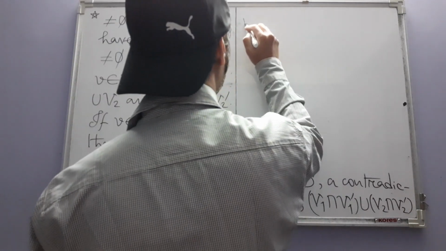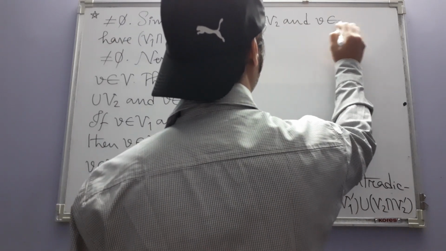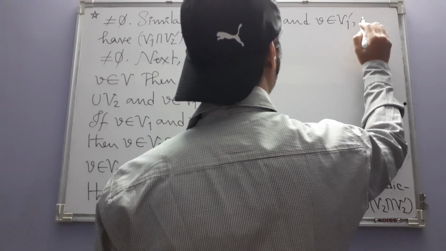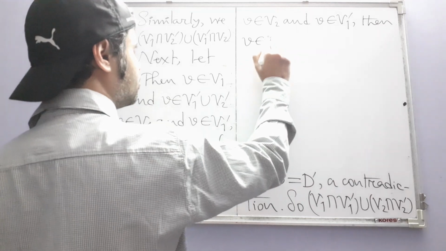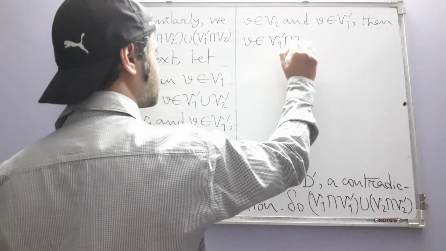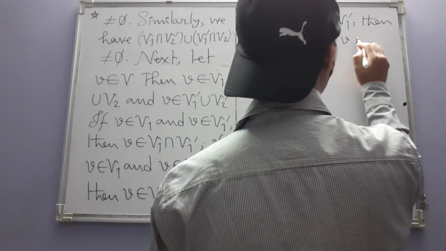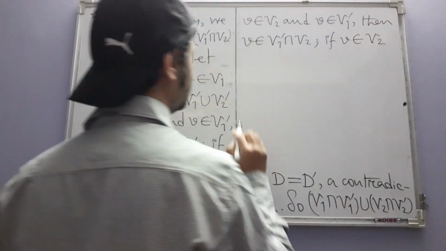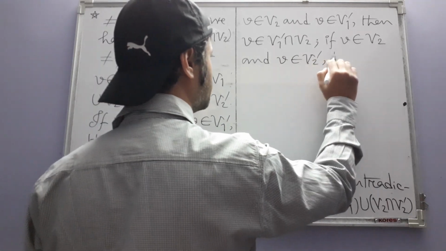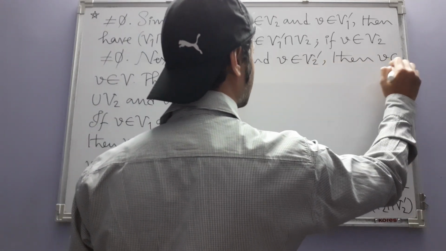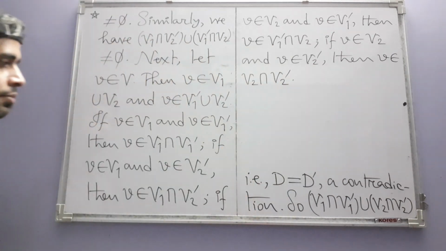If v belongs to V2 and v belongs to V1 prime, then v belongs to V1 prime intersection V2, and finally if v belongs to V2 and v belongs to V2 prime, then v belongs to the intersection of V2 and V2 prime.